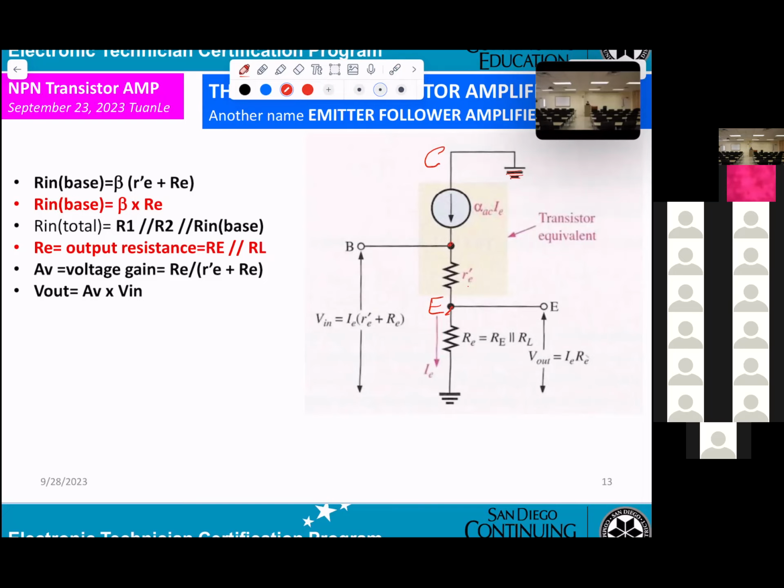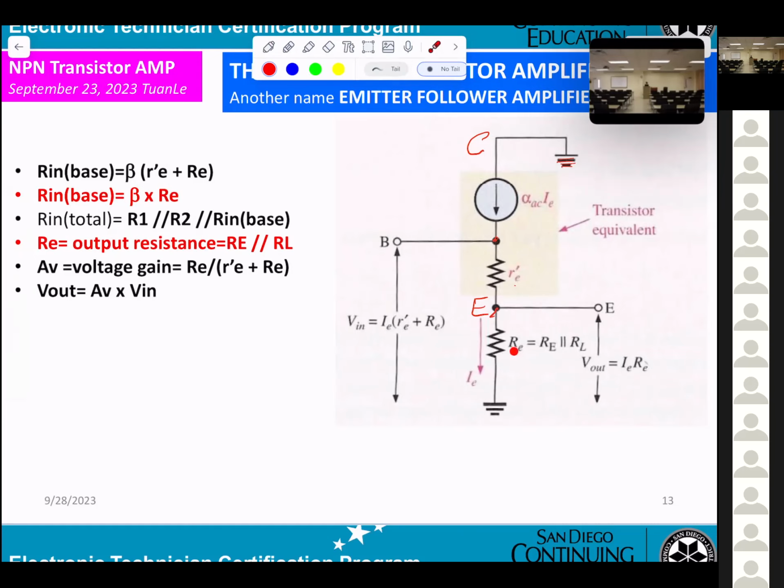And at the emitter here, they want the output, and also this is the RE. So see what they said right here. R in base equals beta times R prime E plus RE.